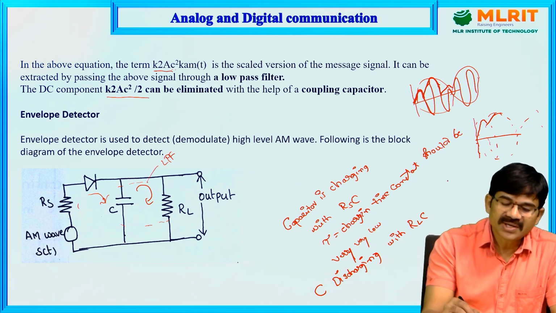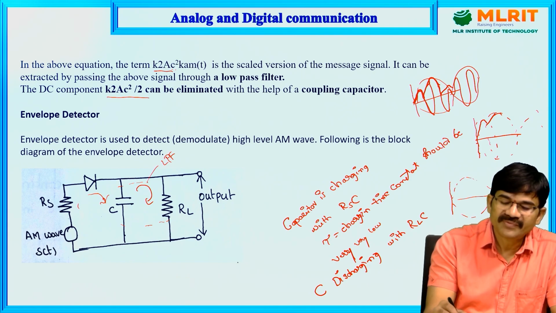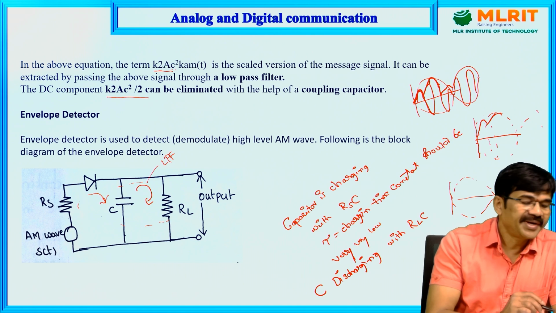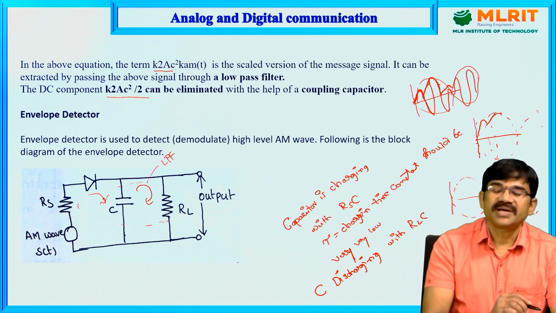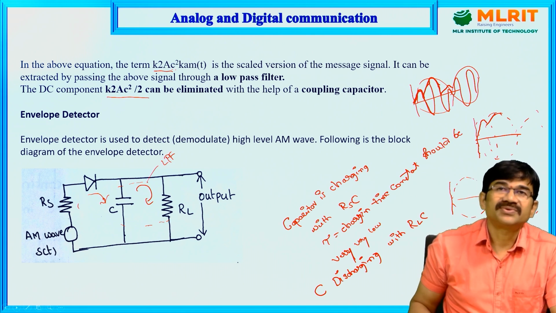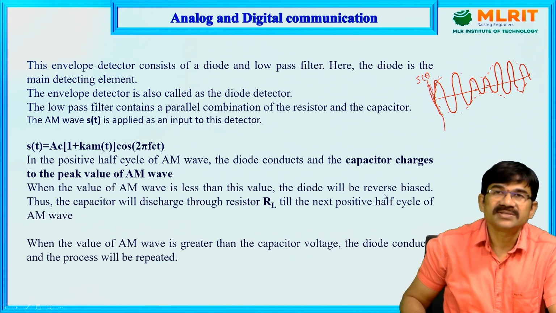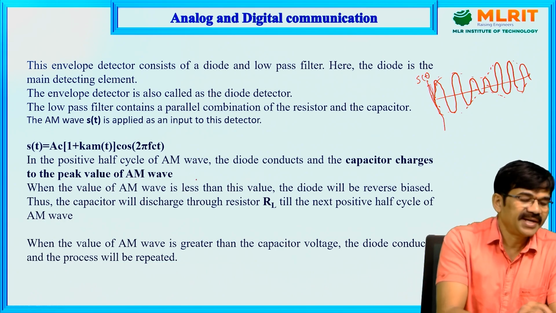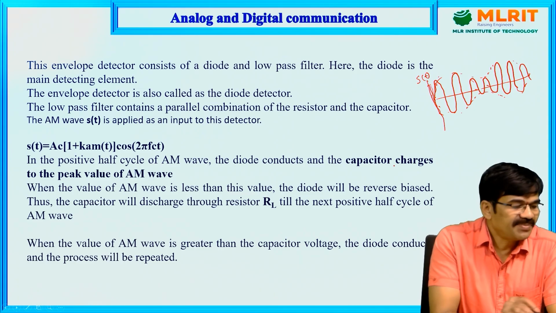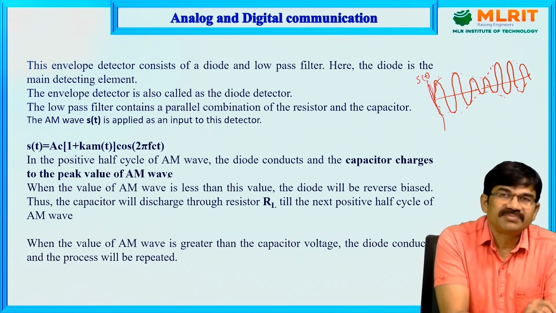The output waveform contains the sinusoidal signal. The envelope detector follows the sinusoidal waveform, so the original message signal is also contained in sinusoidal form. The diode conducts and the capacitor charges to the peak value of the AM wave.